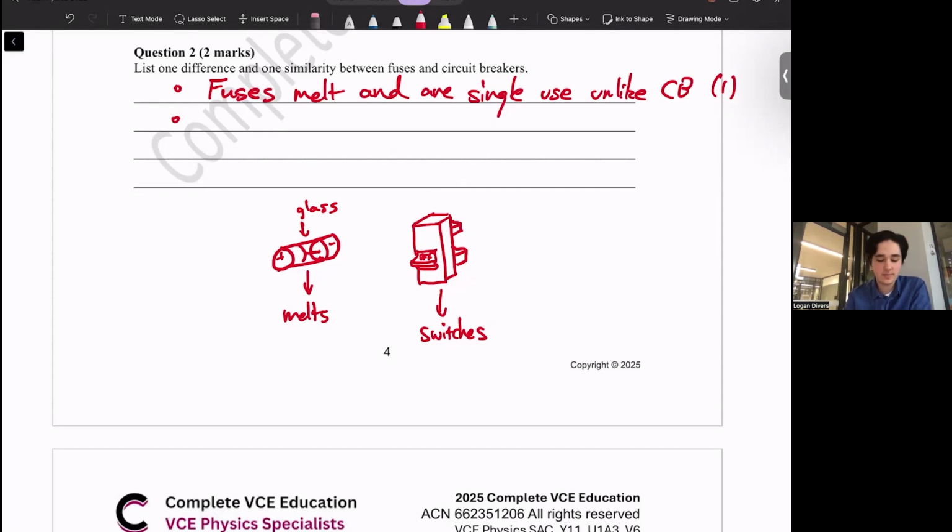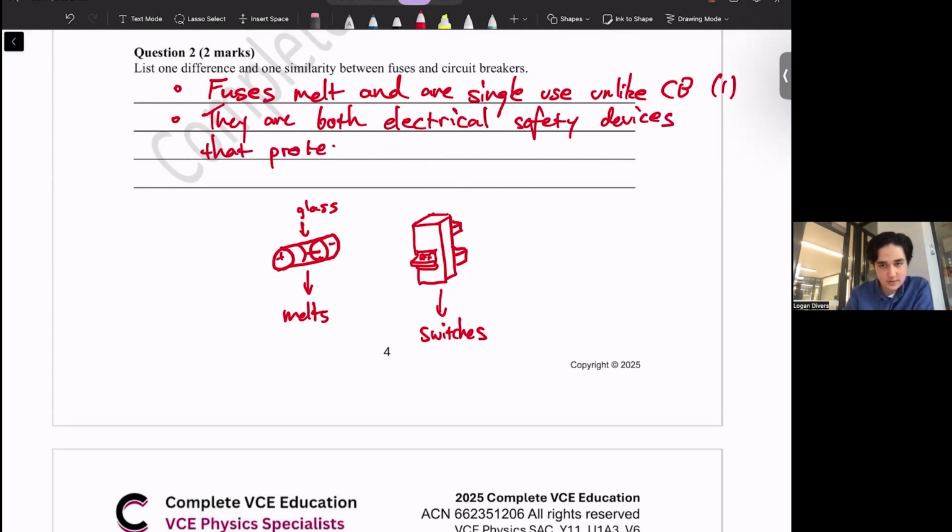What about a similarity? Now, we have a really wide range of things we could say, but if you want to be comprehensive, then you could just say they are both electrical devices, electrical safety devices specifically, that protect circuits from current overload.